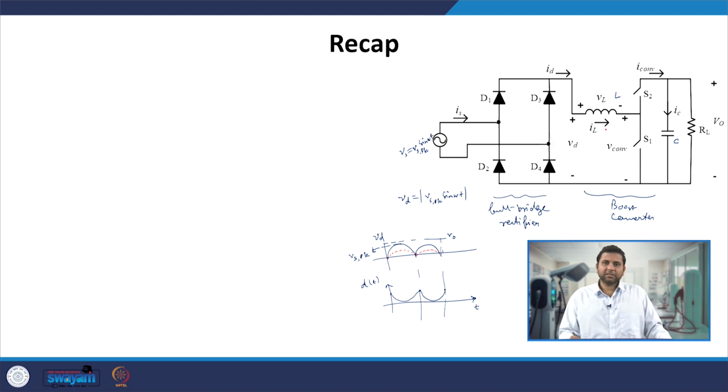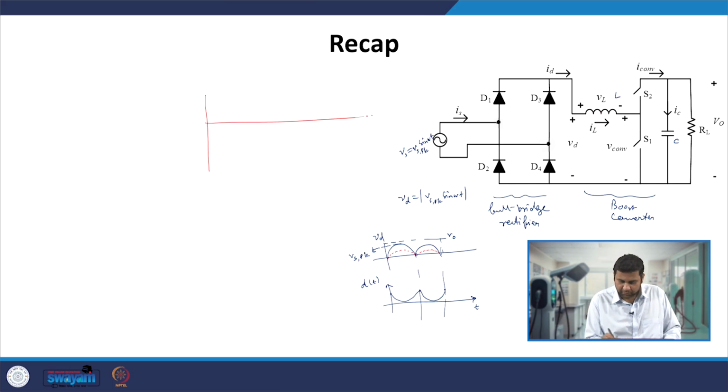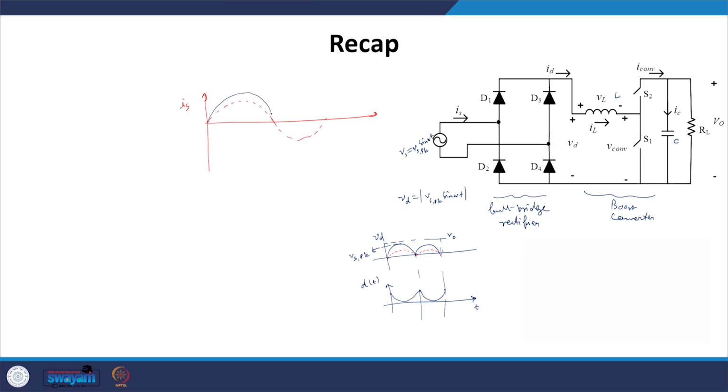However, in this case the current drawn from the input source, Is, will have an average variation of a sinusoidal manner with zero phase shift with respect to the AC voltage source.